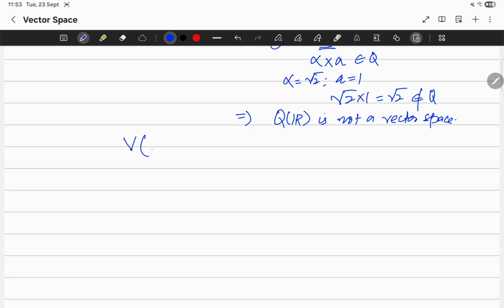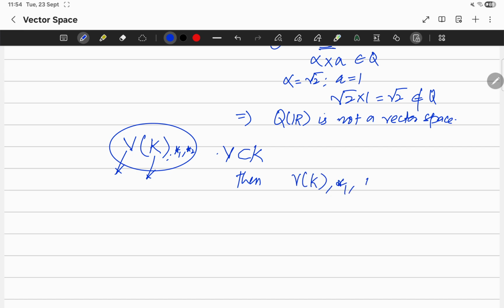Okay, so in short, if you have any set V, any field K, and the two operations star 1 and star 2, then if K is a superset of V, if K is larger than V, then V over K with the first operation and the second operation is not a vector space.